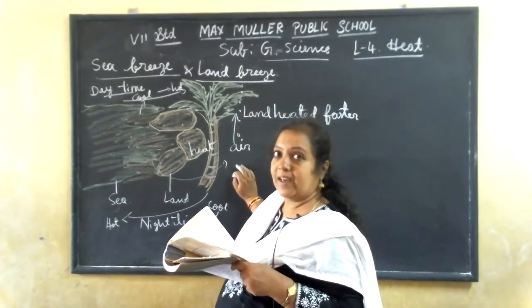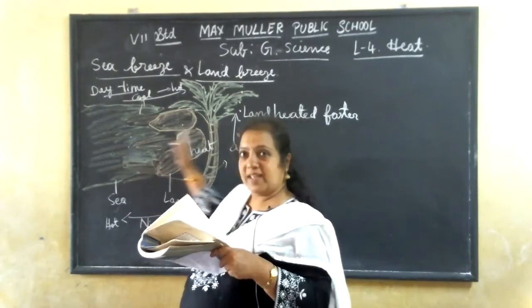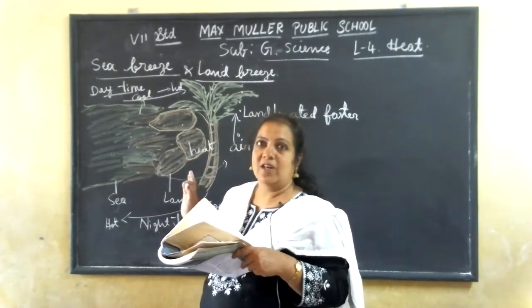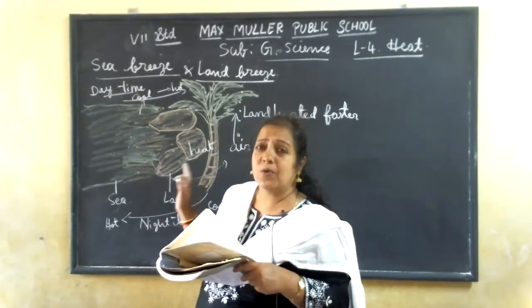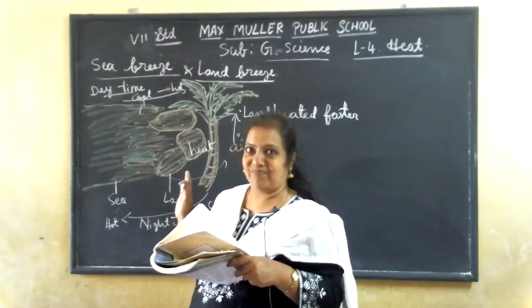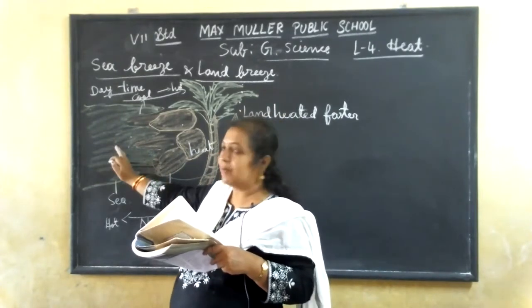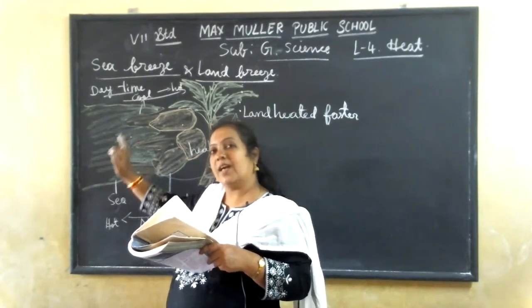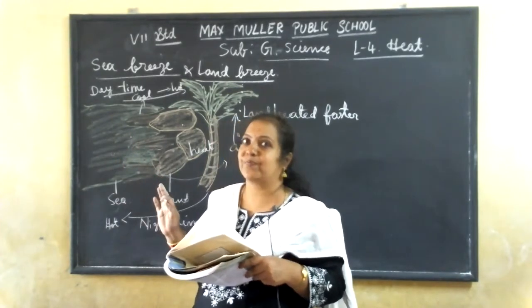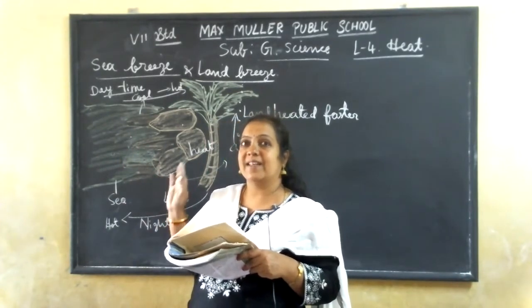That's why, as these molecules rush towards the land, people will feel a very cool breeze of air. Since it is coming from the cooler zone, that means above the sea it is cool. Got it? It is occurring in the daytime.